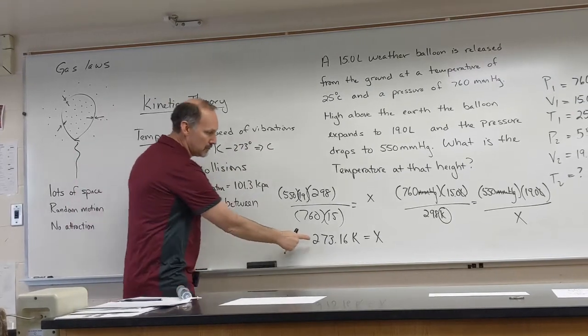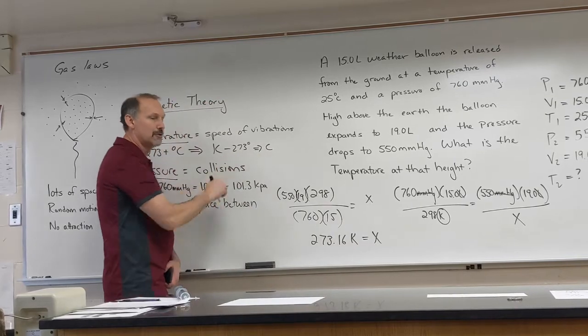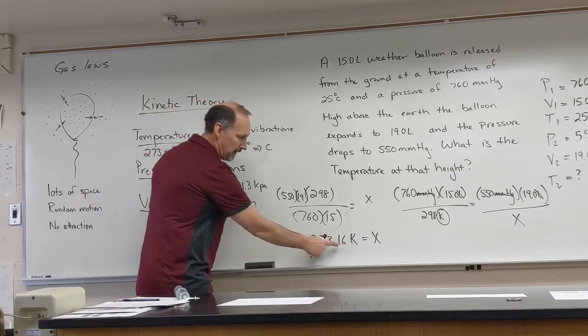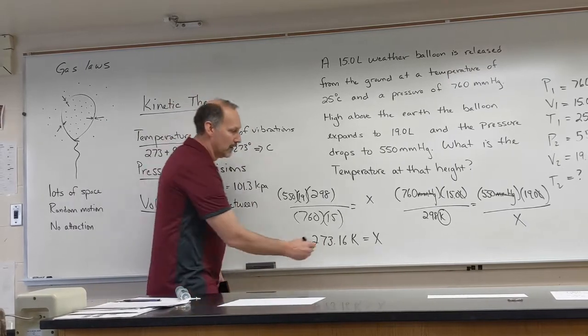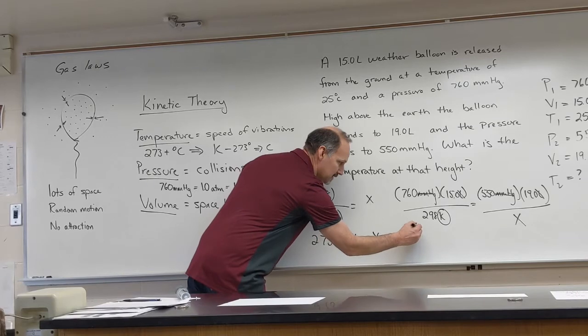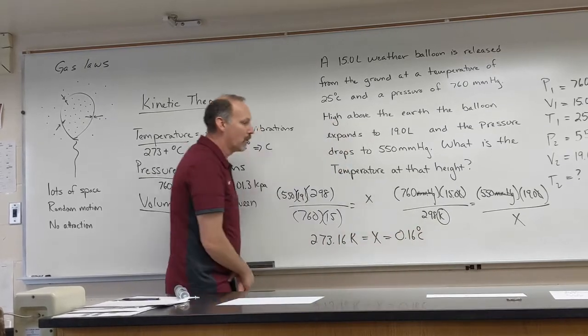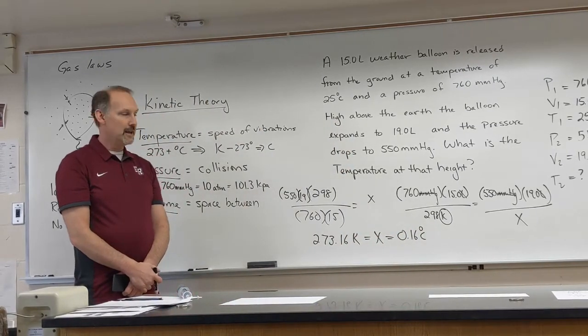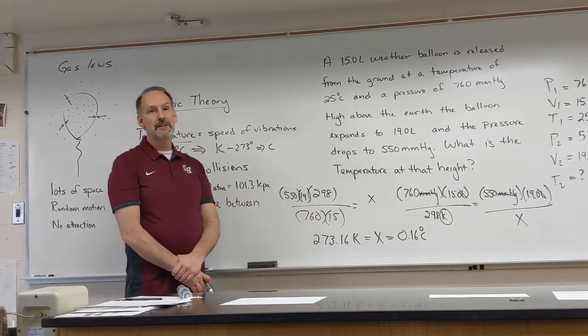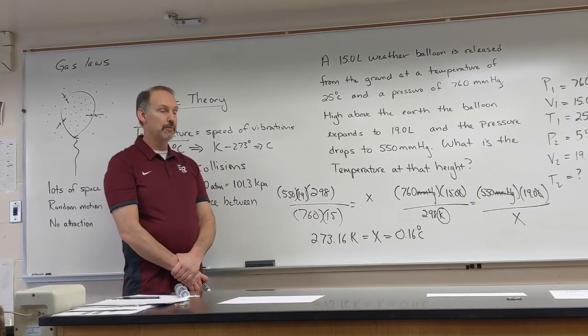So what do you think 273 minus 273 is? 0 degrees. Okay, well it's just barely above it, it's like 0.16. So I could write this as 0.16 degrees Celsius if I wanted to convert it. So the temperature at that height was basically freezing temperature for water. So very cold up in the atmosphere.